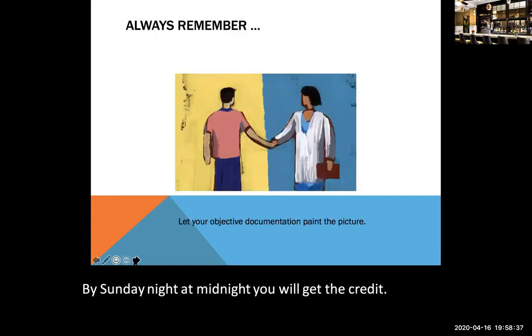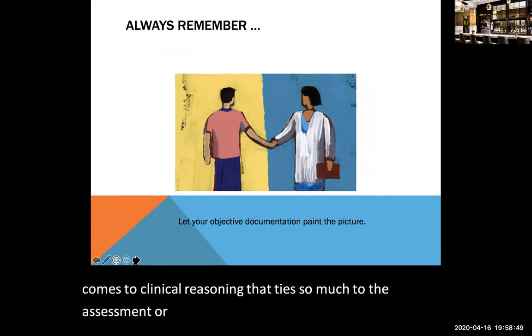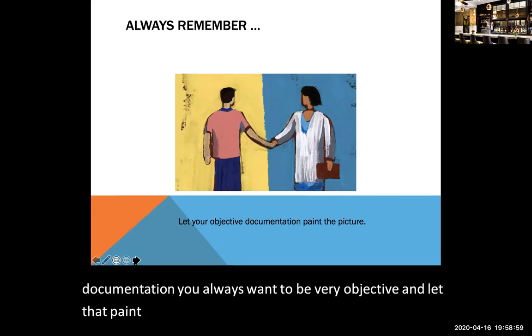And as we close things up, let me say that when it comes to clinical reasoning, that ties so much to the assessment, or the A part of a SOAP note. And so with your documentation, you always want to be very objective and let that paint the picture rather than a subjectivity or bias that may be present in your words.